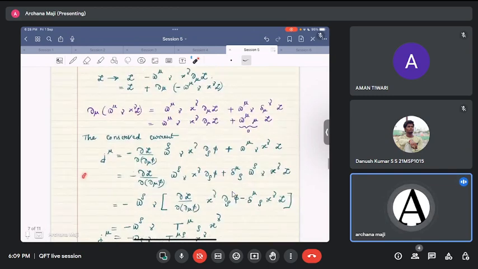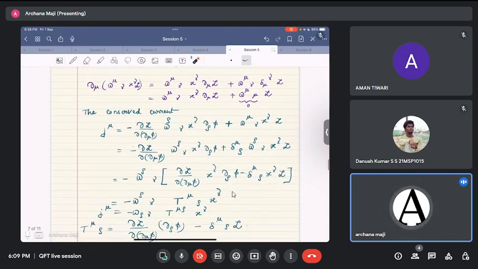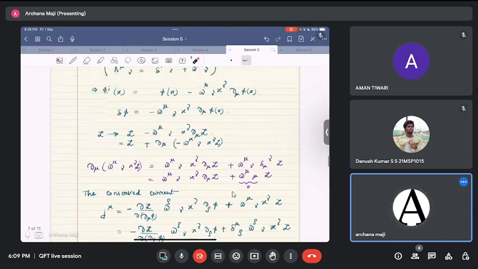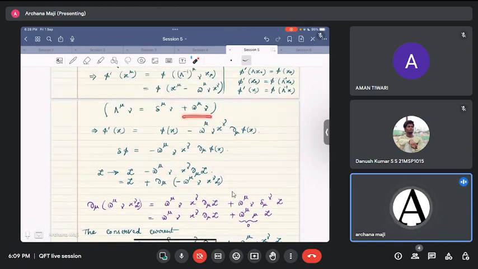We found out what is the conserved current using the rule that we did for the Klein-Gordon Lagrangian. We found out total linear momentum, total energy. That same method we were using here to find out what is the conserved current if the infinitesimal Lorentz transformation is a symmetry of your problem.